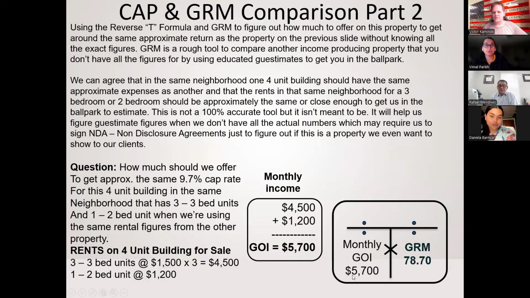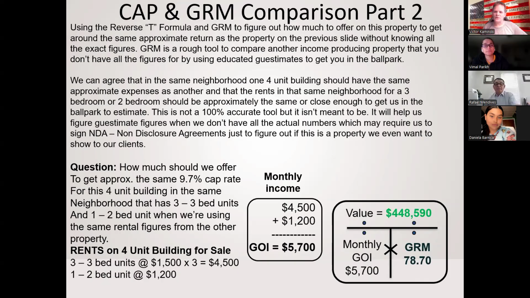You take the gross monthly income, you times it by the GRM that we figured for the other property. 448,590. Yeah, it is.